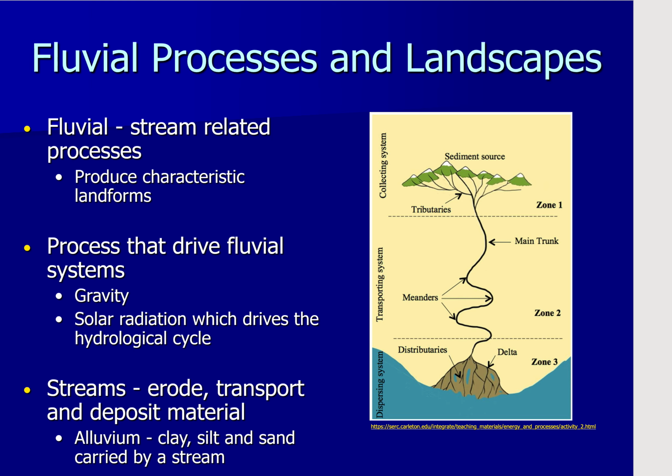And that transportation from that high elevation to the ultimate low elevation, which is the delta of the Mississippi, is possible because of gravity. The second component that's required is solar radiation. We've been talking about exogenic forces that drive geomorphology, and exogenic forces that drive the atmospheric circulation and the hydrological cycle.